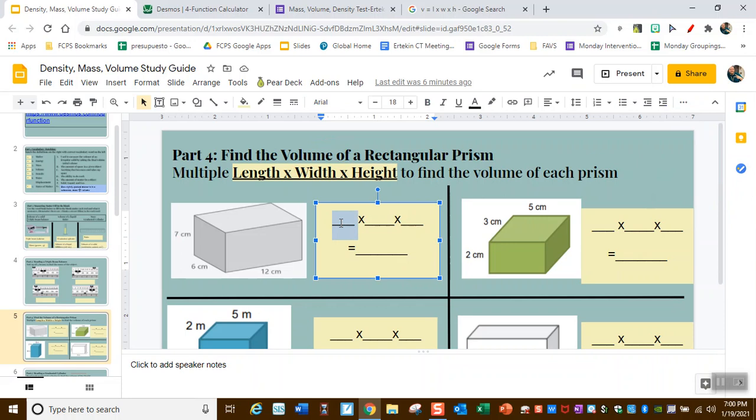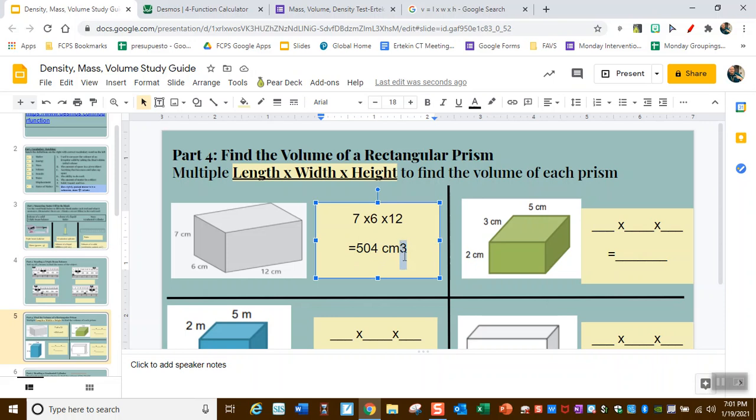So if you type in here, you do 7 times 6 times 12. What was it? 504. So type in 504 centimeters cubed. If you don't know how to do it, you can leave it like this, but it's very easy.